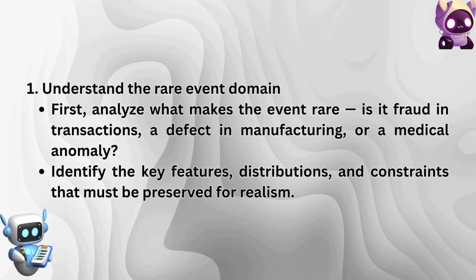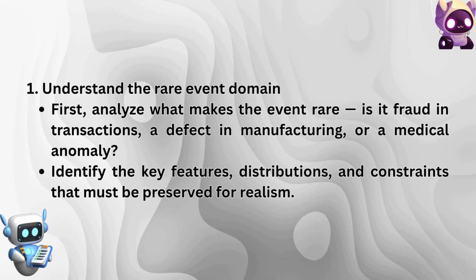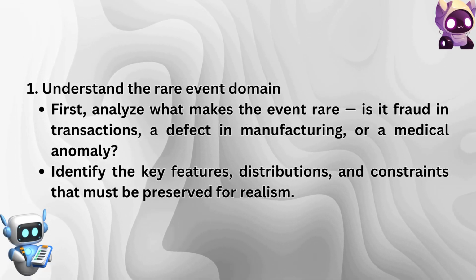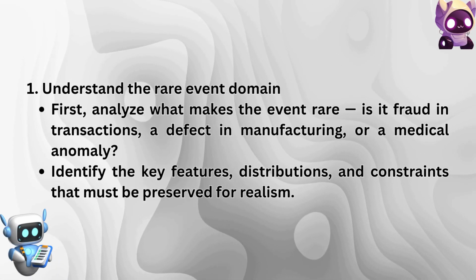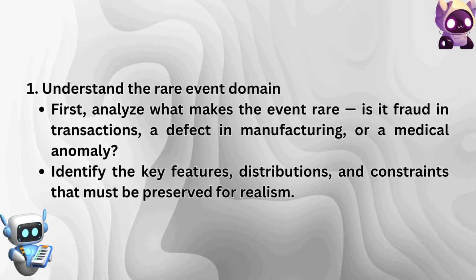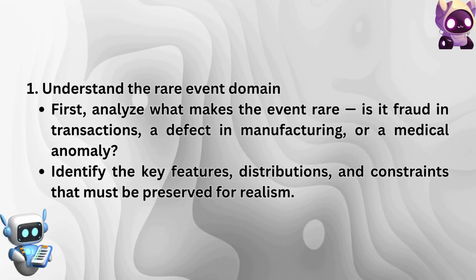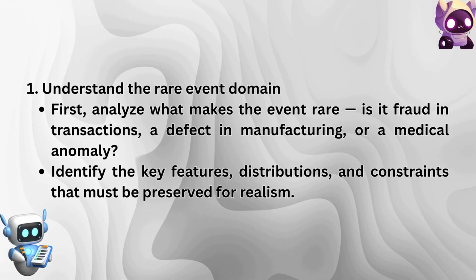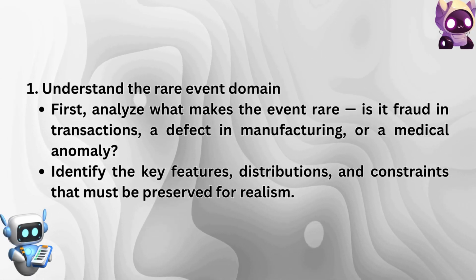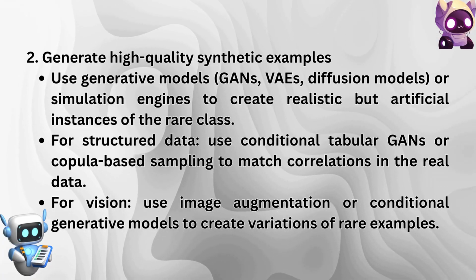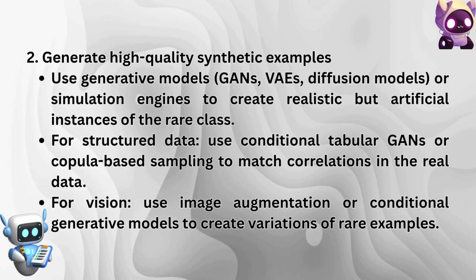1. Understand the rare event domain. First, analyze what makes the event rare. Is it fraud in transactions, a defect in manufacturing, or a medical anomaly? Identify the key features, distributions, and constraints that must be preserved for realism. 2. Generate high-quality synthetic examples.